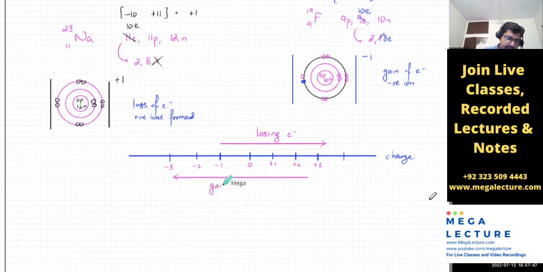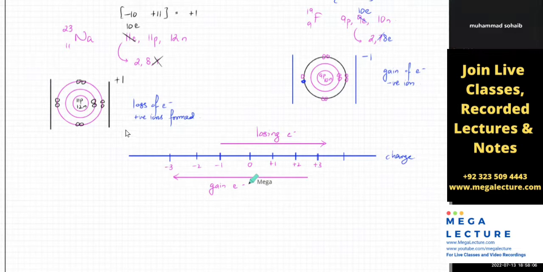You might go from +1 to 0, that's a gain of electrons, 0 to -1, another gain, -2, another gain. You keep heading in that direction, continuously gaining electrons, getting more and more electrons around you. Is this clear? Yes, sir.